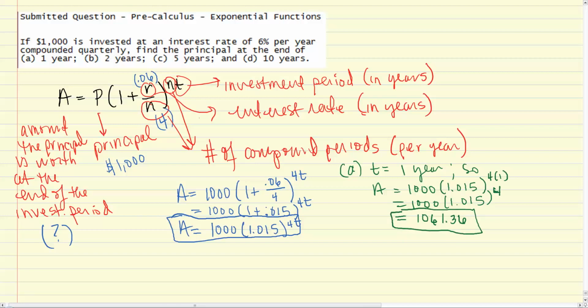For B, we have t equals 2 years. So A equals 1,000 times 1.015 to the 4 times 2.